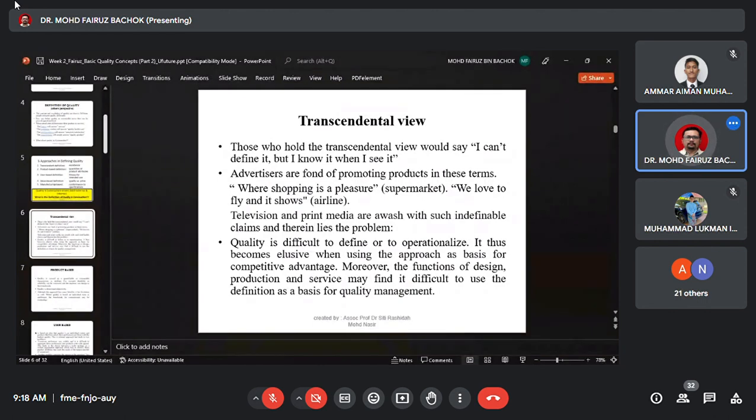For example, for a cancer survivor, people like to promote something after you climb Everest, something out of the dimension.